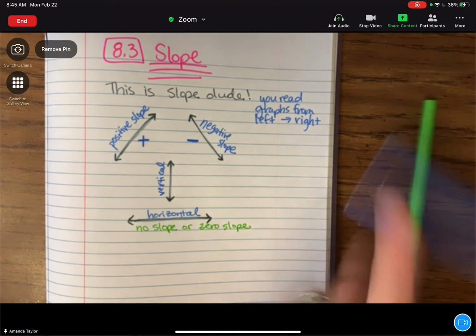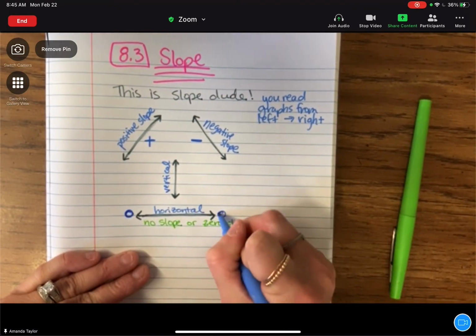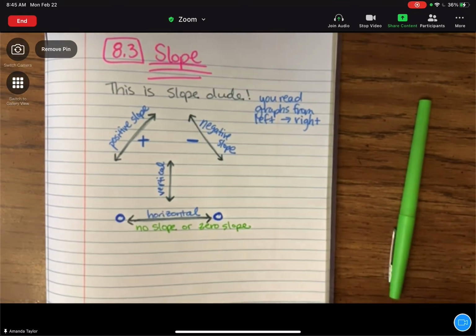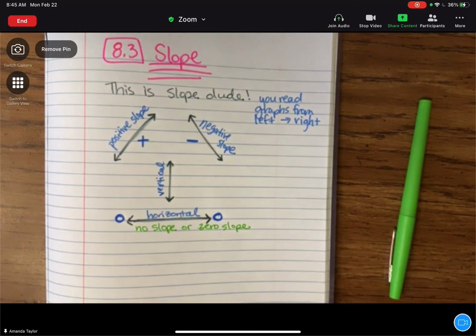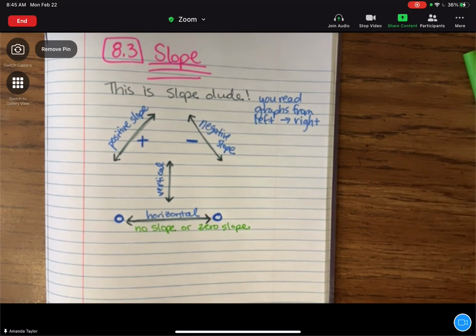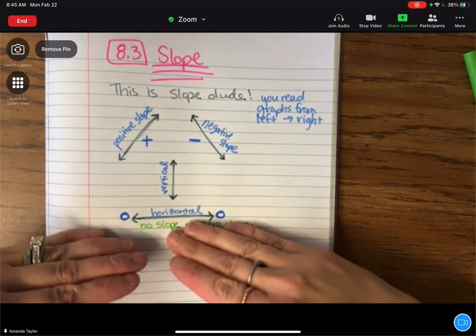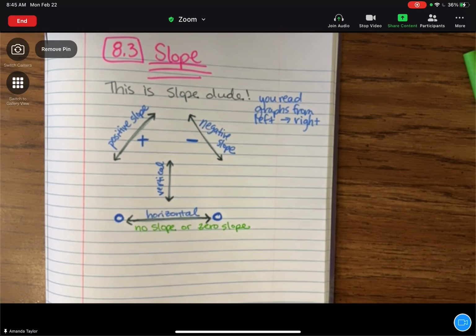The thing I like to do about his mouth is draw little dimples on the sides of his mouth, and that is supposed to help you think zero slope. Those circles were zero slope, no slope.